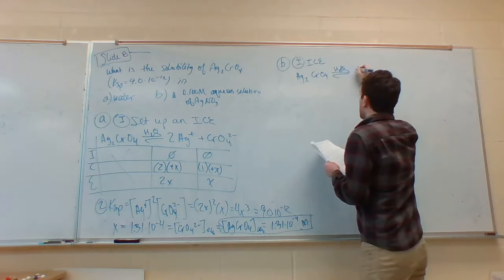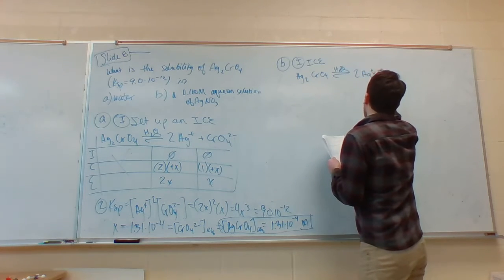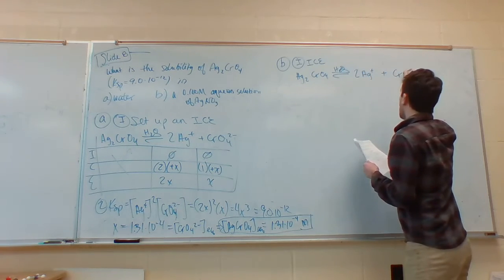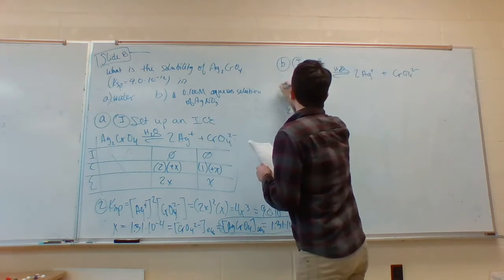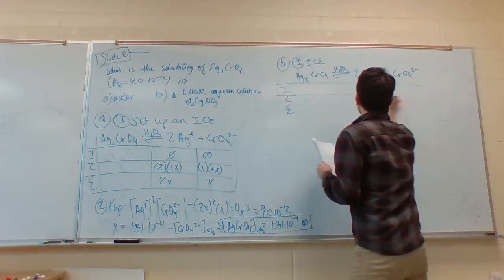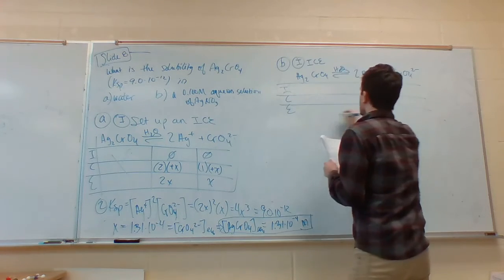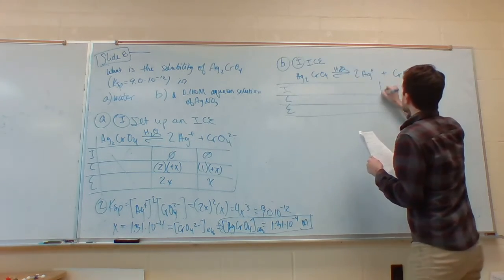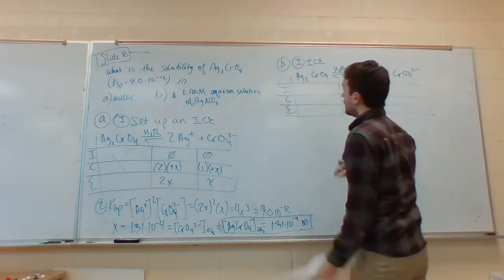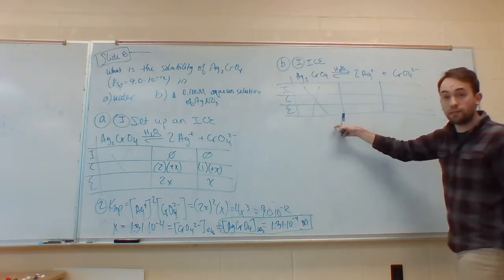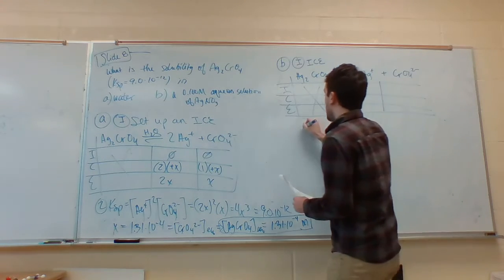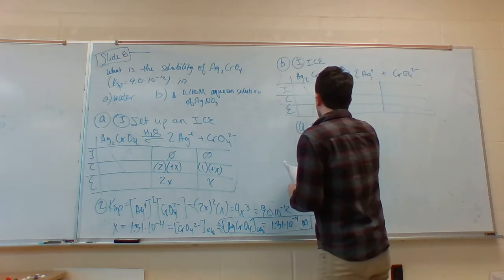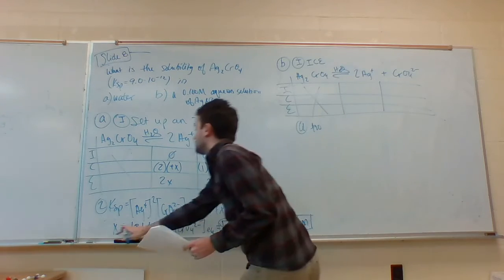It will form an equilibrium of 2Ag plus and CrO4 2 minus. ICE. We know that we are going to take out our solids, right? Now, the next step, so A would have been no solids.